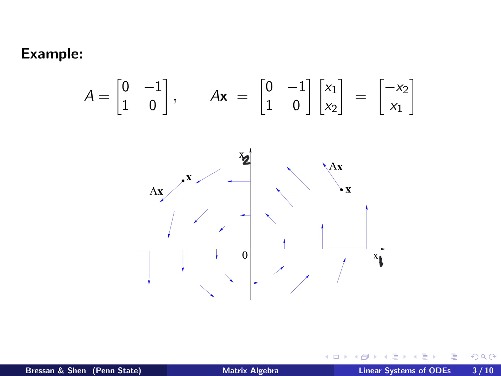A similar argument will show you that on the x2 axis, the vectors point to the left on the upper half and to the right on the lower half. And you can also find some intermediate values and then draw these directions of vectors.